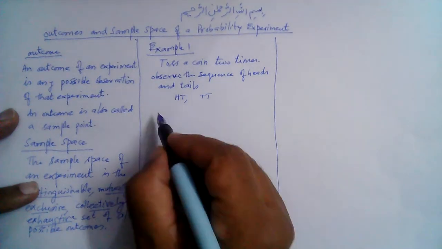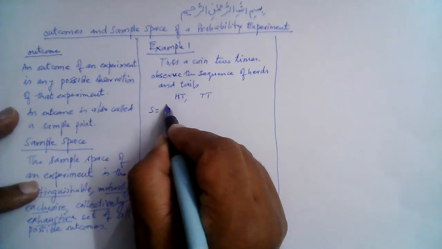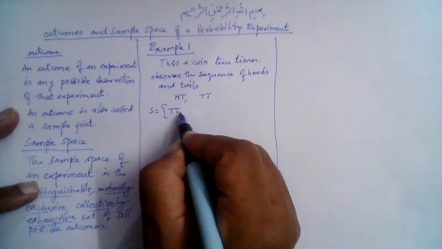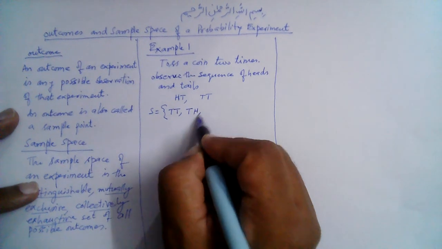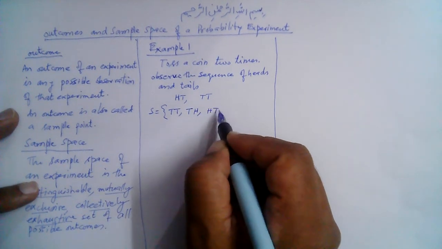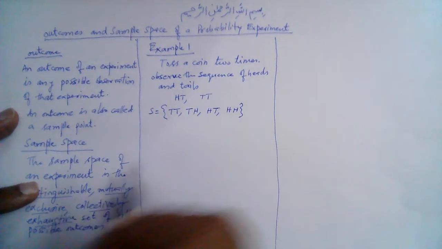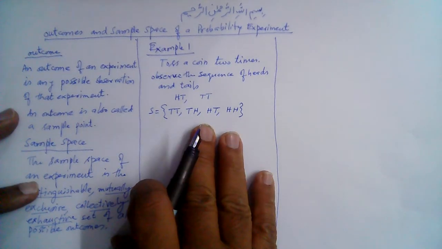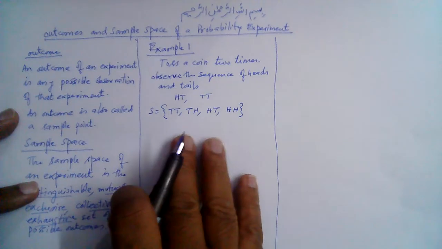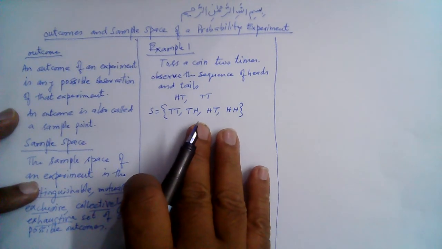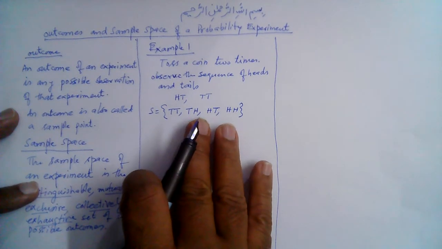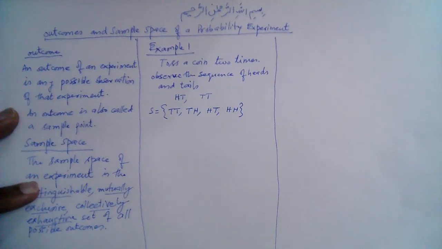So all the possible outcomes will be: we get all tails, or a tail and a head, or a head and a tail, or all heads. So these are the four possible outcomes of this experiment, and these are all the possible outcomes that there can be. This is why this is the sample space of this experiment.